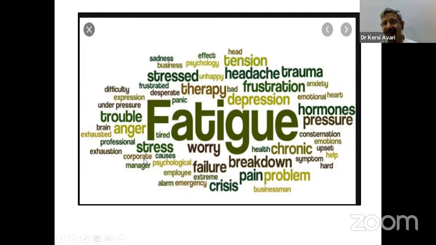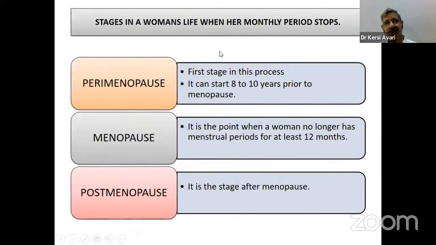Even corporate causes are written here, but funny. Then emotional aspects, cardiac palpitations. Stages: perimenopause is the first to start, where the symptoms are felt at least 8 to 10 years prior. Then menopause, and last is post-menopause.